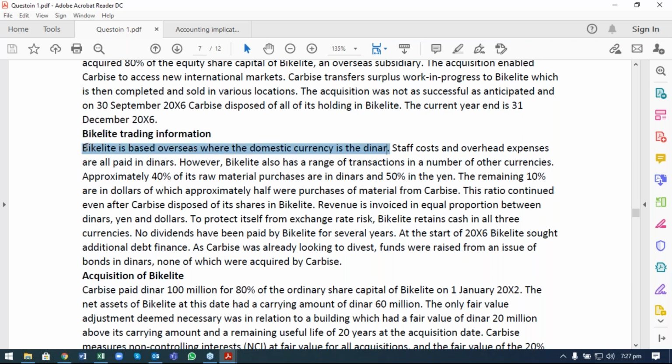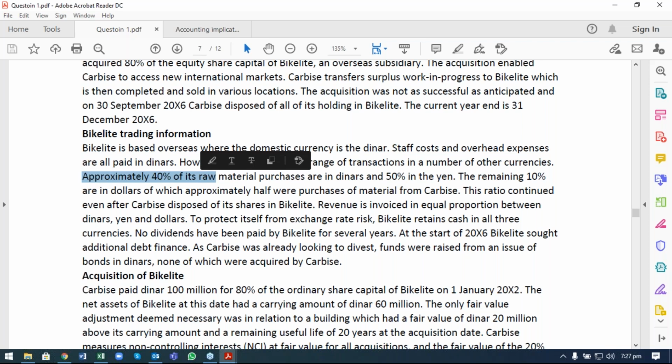But the important thing is that Bakelite is not working within its domestic jurisdiction. The company is selling its products with a range of transactions in a number of other currencies, selling its product to other countries.